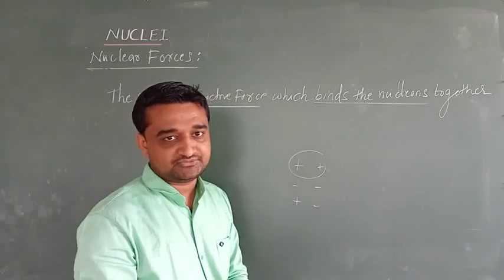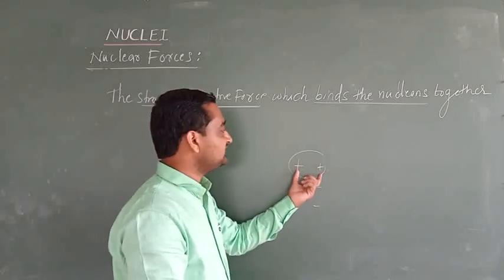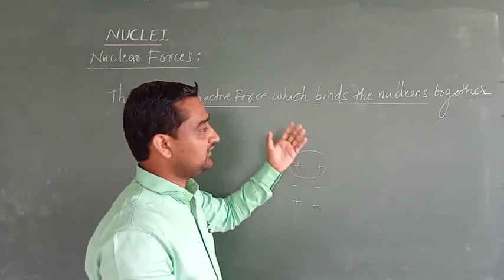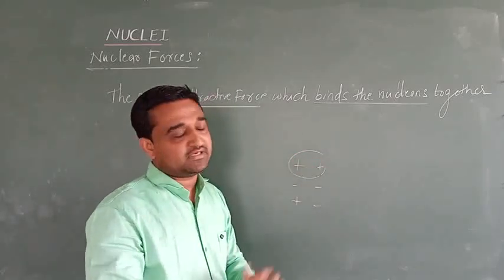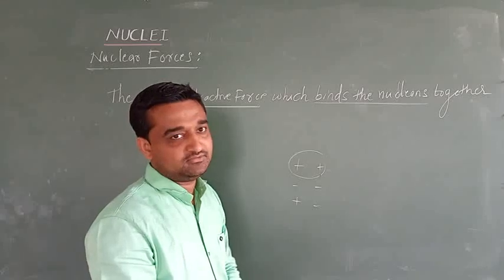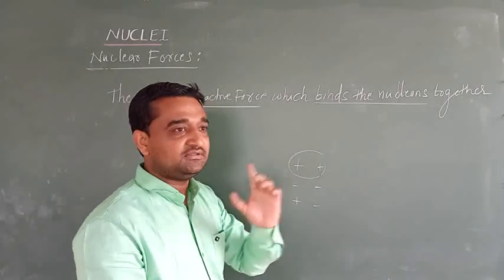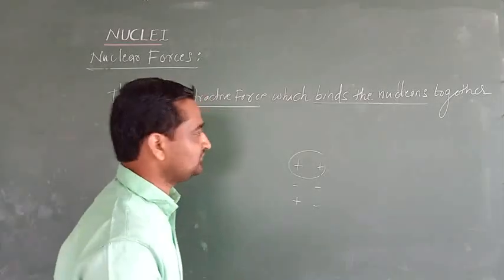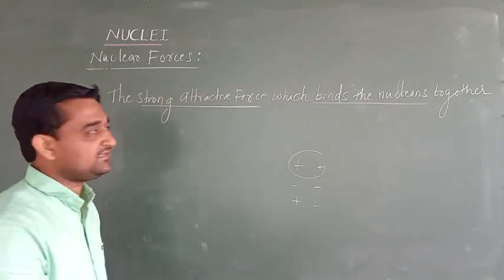And to balance this repulsive force, the gravitational force is not strong enough inside the nucleus. So gravitational force is also weak. Because of that, some other force is present inside the nucleus to bind the nucleons strongly.